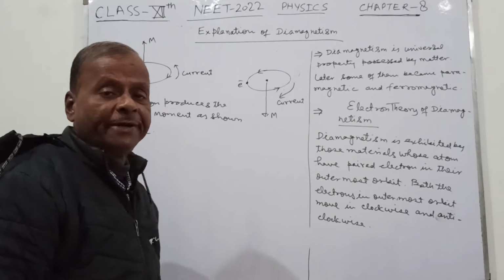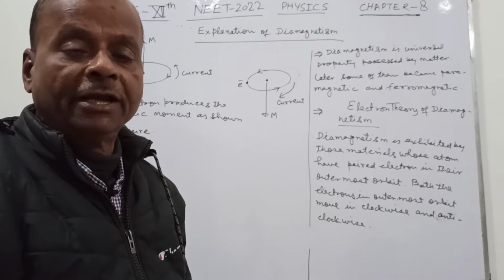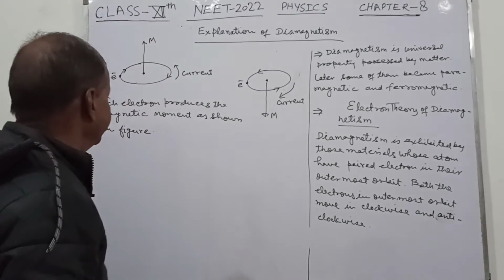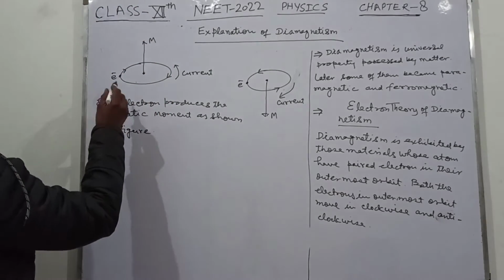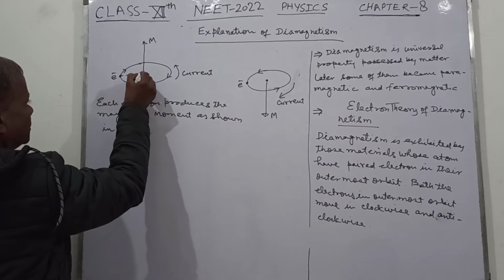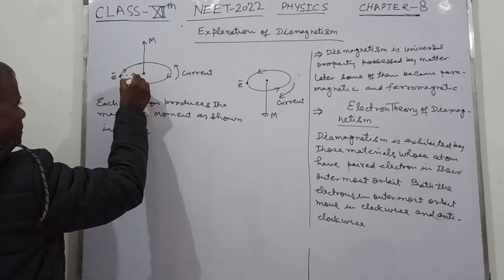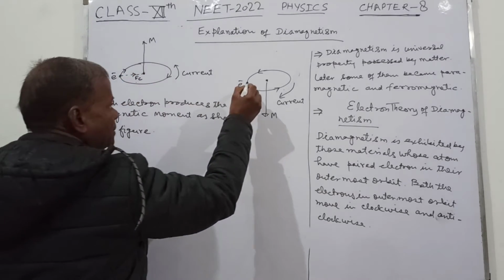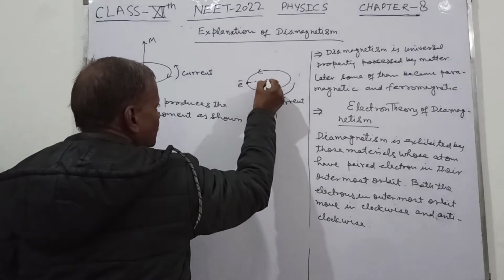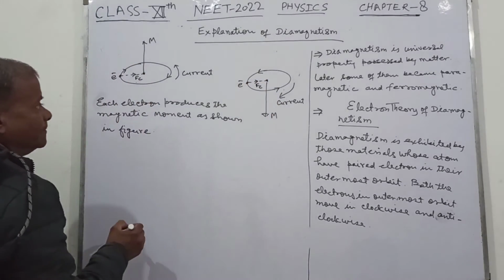Now suppose some magnetic field is applied perpendicular to the plane of the orbit. Each electron will have the centripetal force Fc.